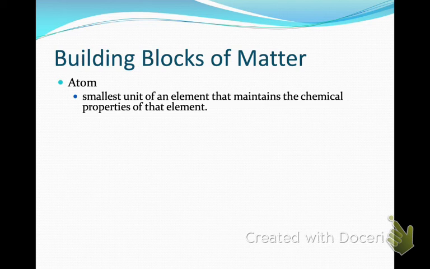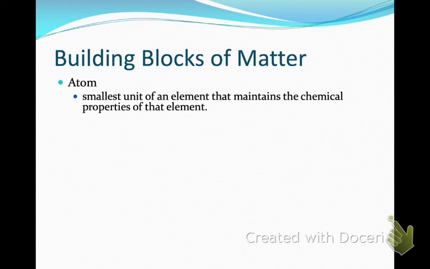If it has extra electrons, that atom has a negative charge. If it has less electrons, that means that atom has a positive charge. And remembering that atoms have a very set number of protons, which is its atomic number.